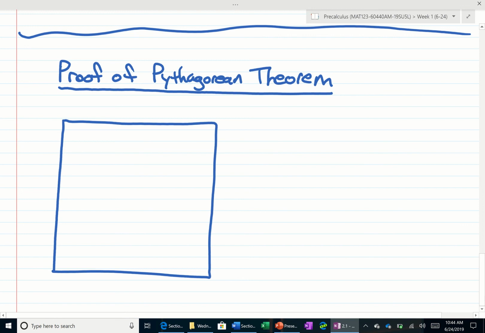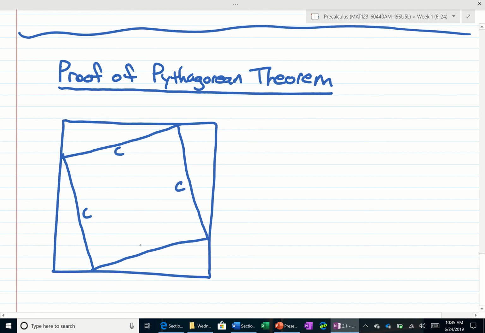And what I'm going to do is draw a square inside of a square. The inside square, I'll label each side C. And on the outside square, the short side, I'll label A, and the long sides, I'll label B.